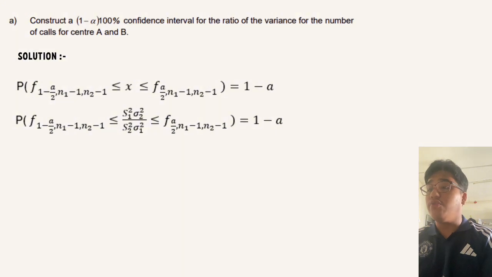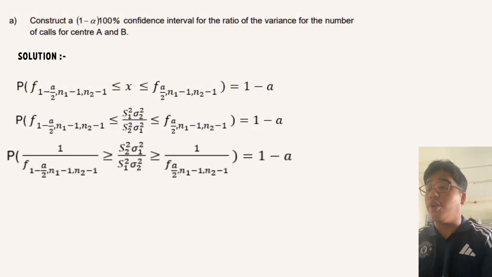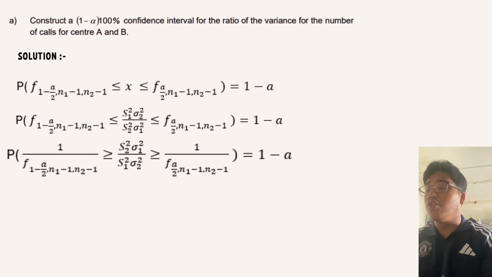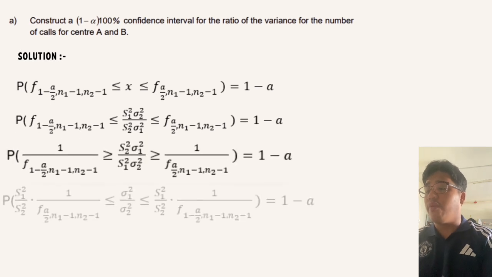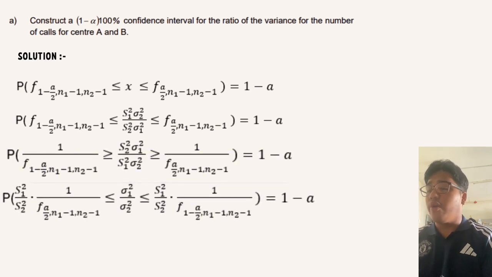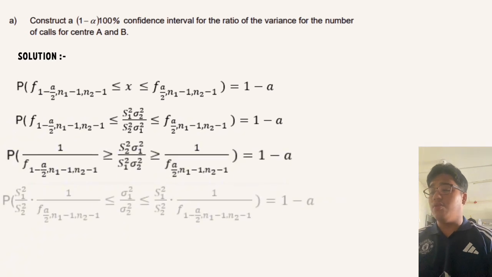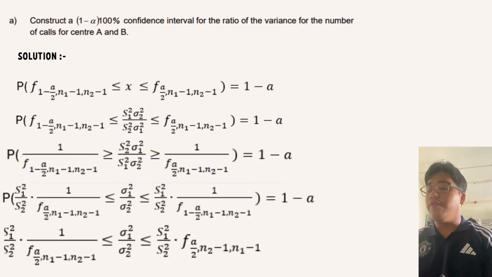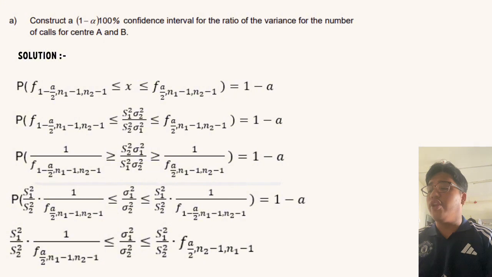After that, we need to make sure that it is variance of population 1 over variance of population 2. So we need to rearrange the formula. Then we make sure that only the variance of population stays in the middle, so we multiply both sides by variance of sample 1 over variance of sample 2.